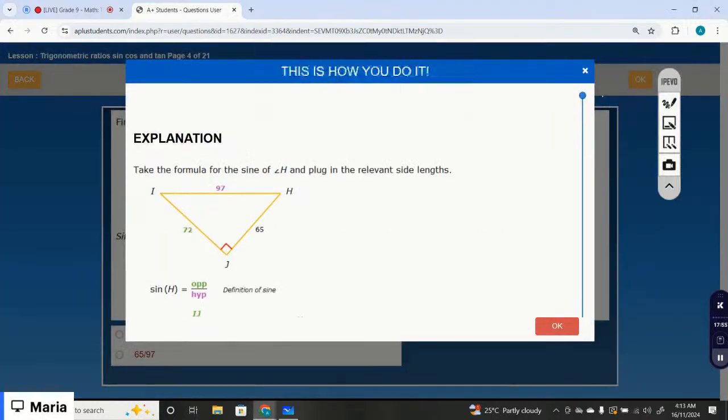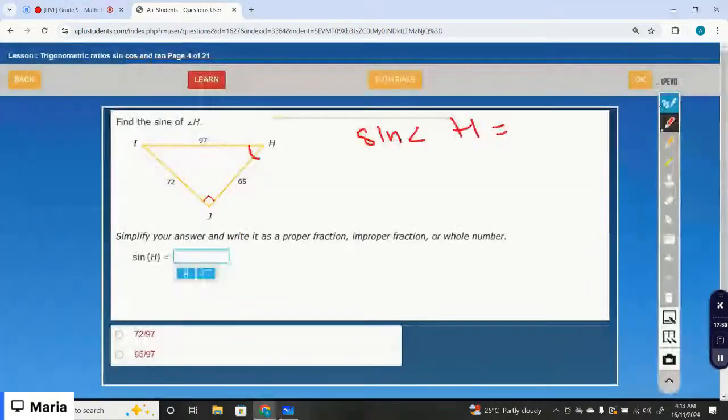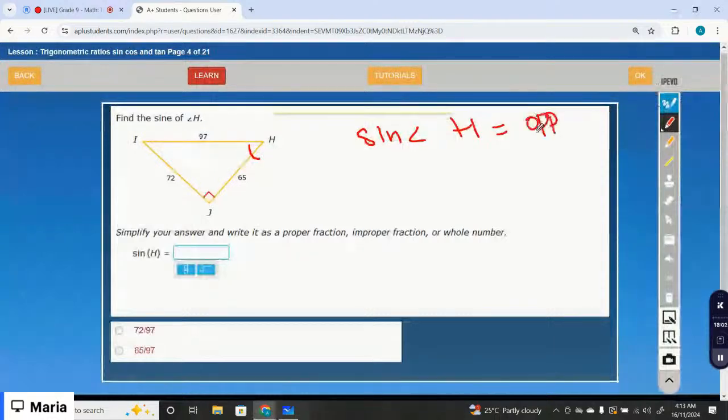Okay, opposite divided by hypotenuse. So sine of angle H is opposite divided by hypotenuse, right? So opposite from angle H is 72 and hypotenuse is 97. So that is 72 divided by 97. Option number 1 is the correct option.